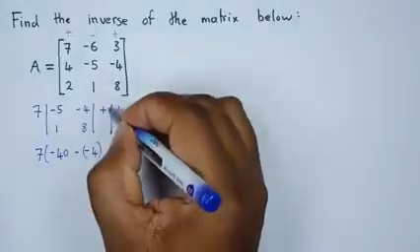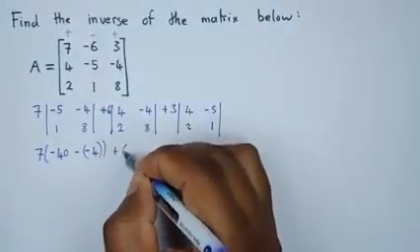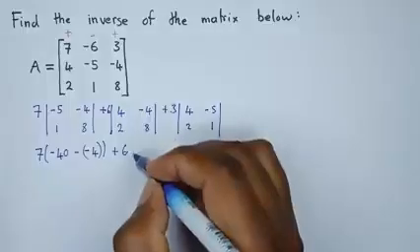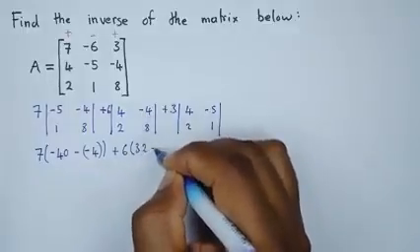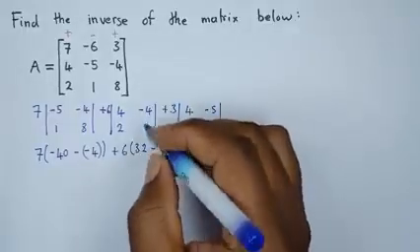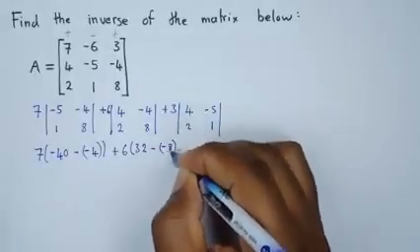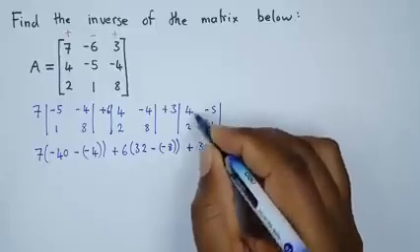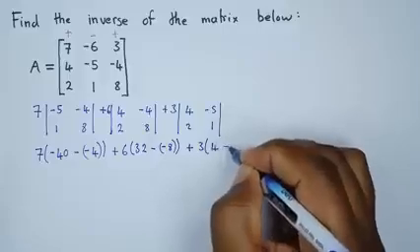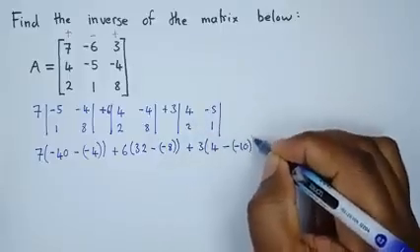Plus, so we left out a 6 here. So plus 6. Then 4 times 8, simply get 32, minus 8 times, 2 times -4 is -8, plus 3, 4 times 1 is 4, minus 2 times -5 is -10, like that.